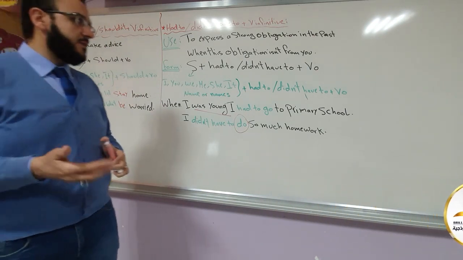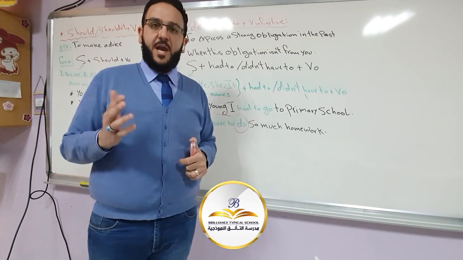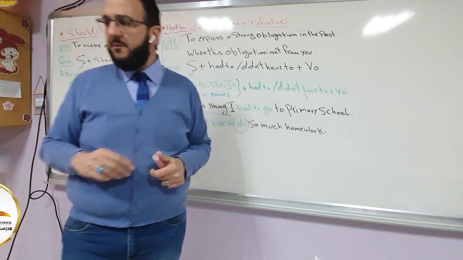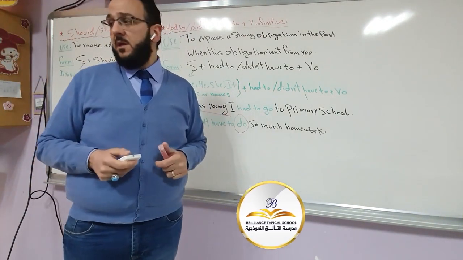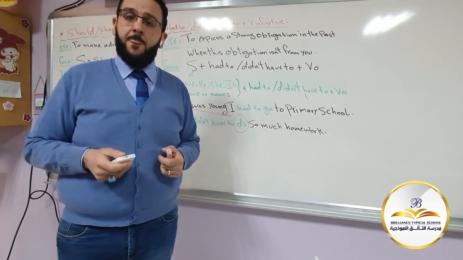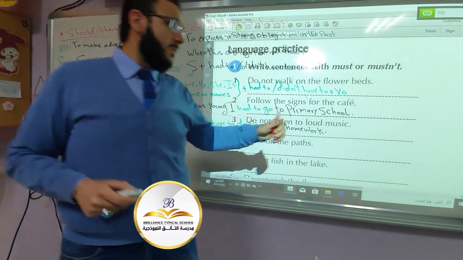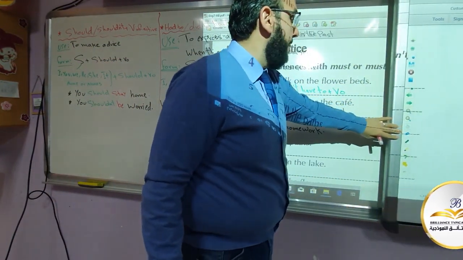So to make a practice about this, to make it clear, please open your activity book, page number 61. We have language practice. We're going to make a quick revision of must, mustn't, and also should, shouldn't, have to.